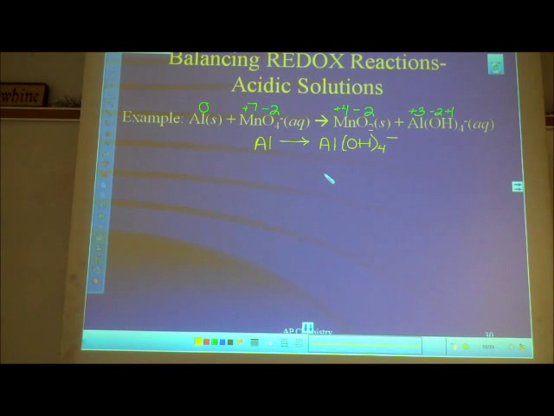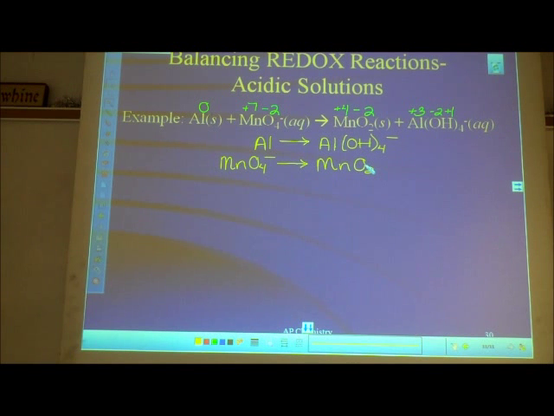My second half reaction is going to involve manganese, which I'm going to write exactly as it appears on the left and exactly as it appears on the right. Step 1, done.